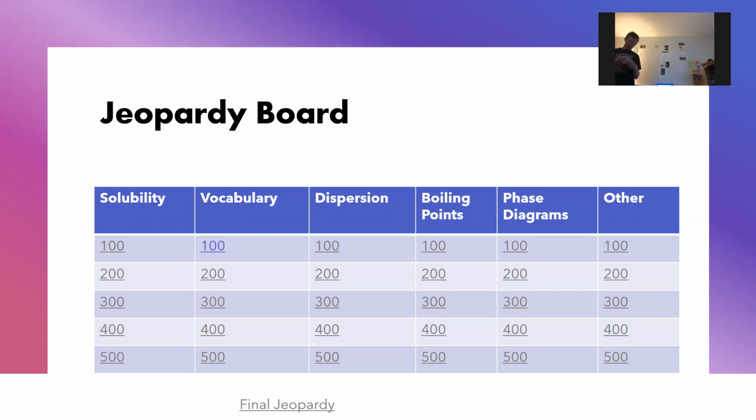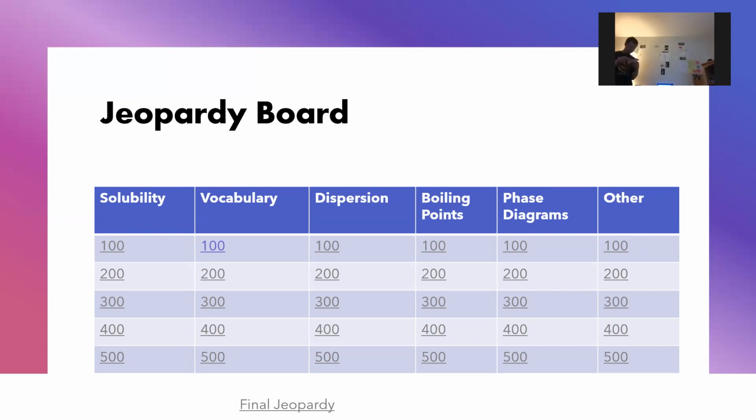Tetra, you have a total of 3,000. So close here on Final Jeopardy.